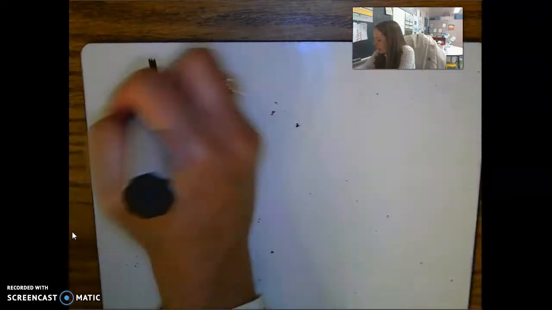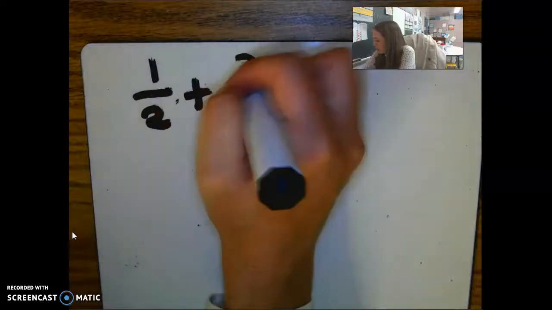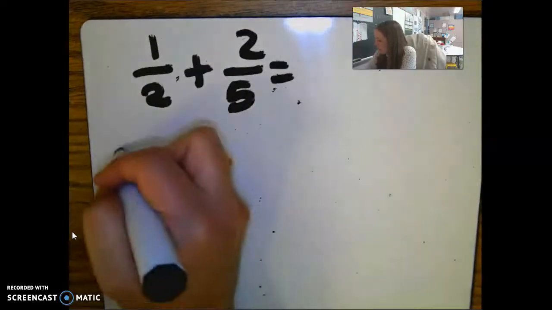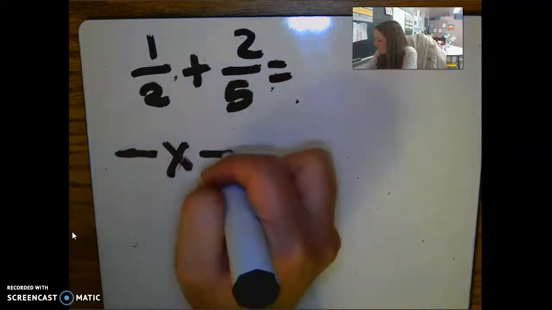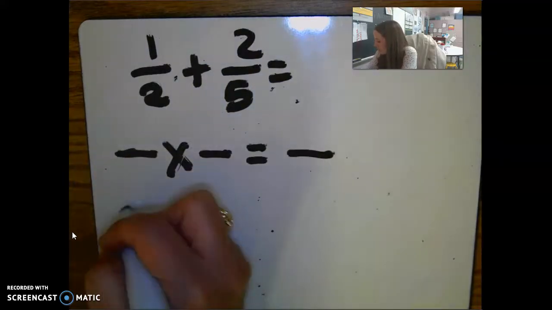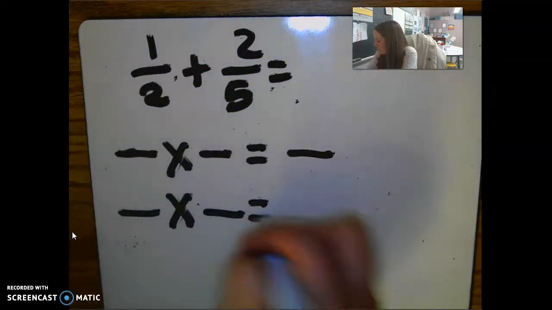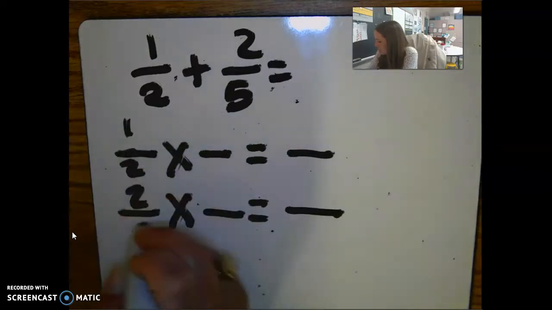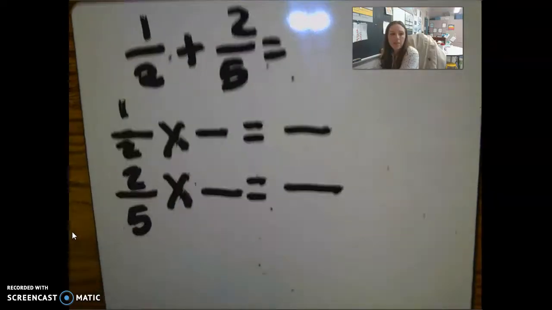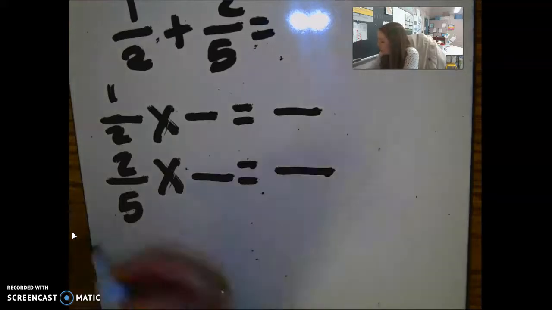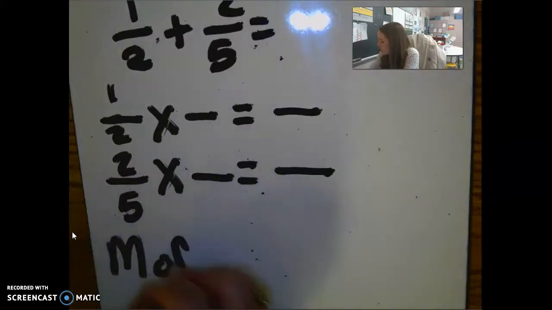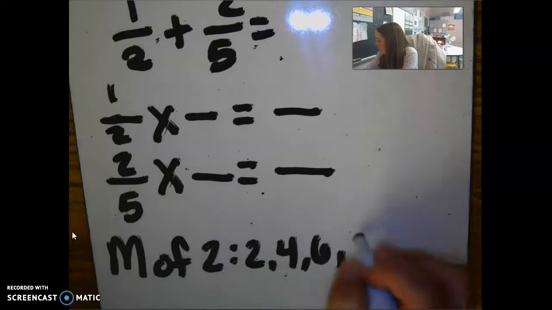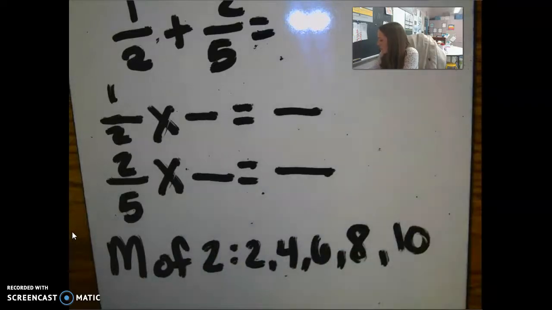We have 1/2 plus 2/5. We're going to do dash times dash equals dash. Put our original fractions. Okay. Let's write our multiples of 2. 2, 4, 6, 8, 10.